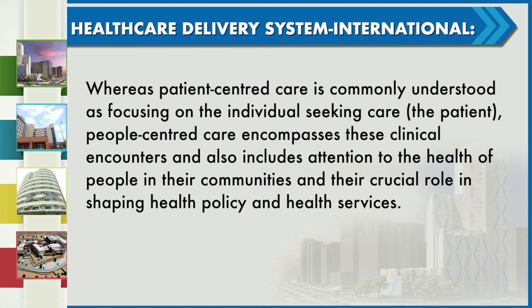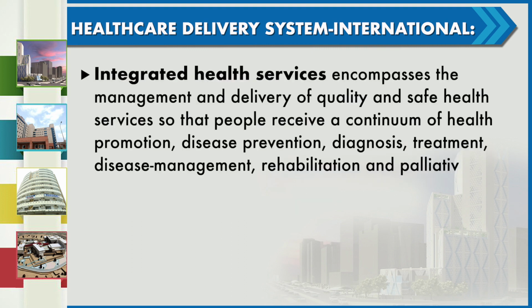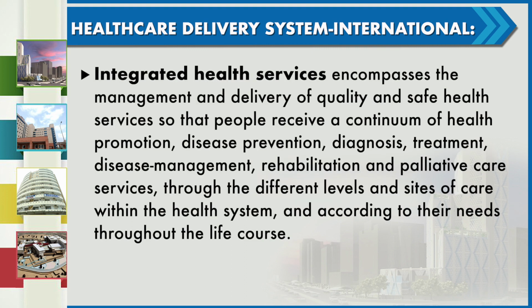So it's a people-centric approach rather than a disease-centric approach. So the integrated health services encompass the management and delivery of quality, safe healthcare services, which is health promotion, disease prevention, diagnosis, treatment, disease management, rehabilitation and palliative care services.